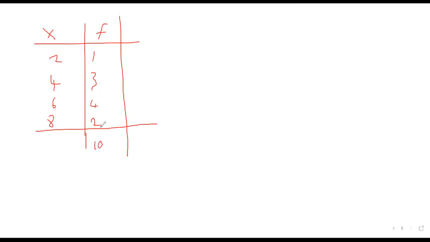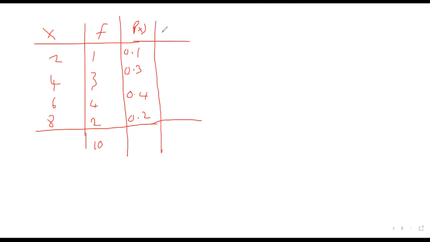We divide 1 over 10, which becomes the probability, so this is 0.1. 3 over 10 is 0.3, 4 over 10 is 0.4, and 2 over 10 is 0.2. You now continue the process we're doing.